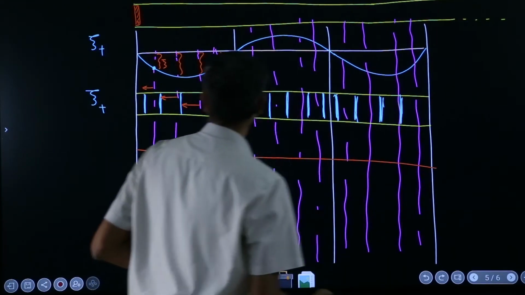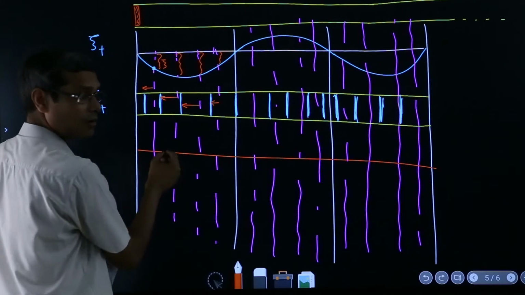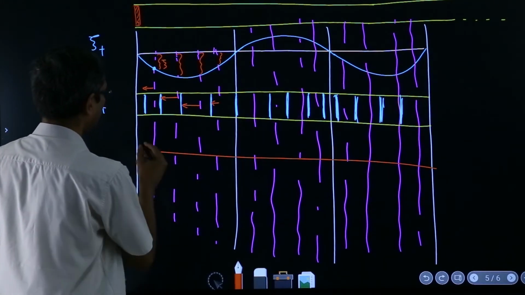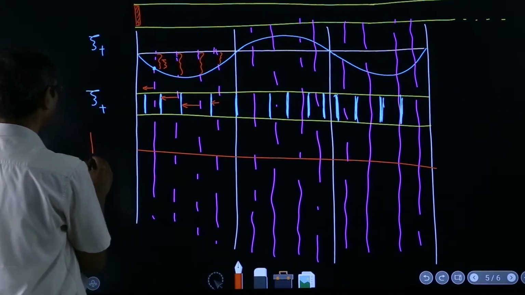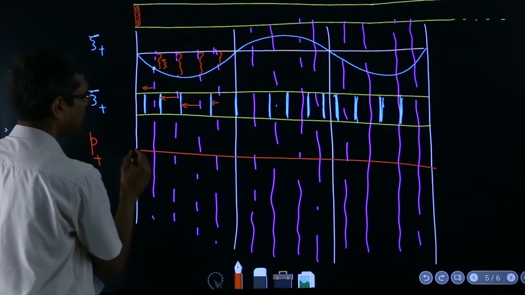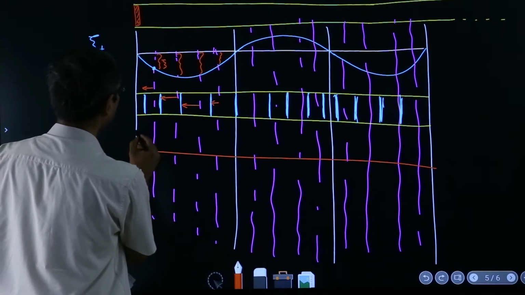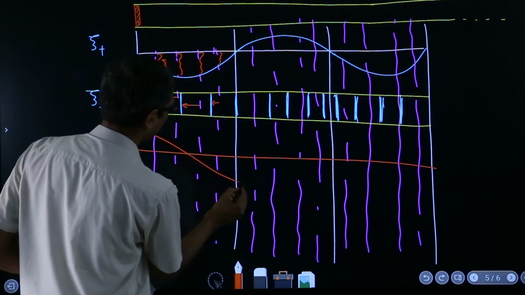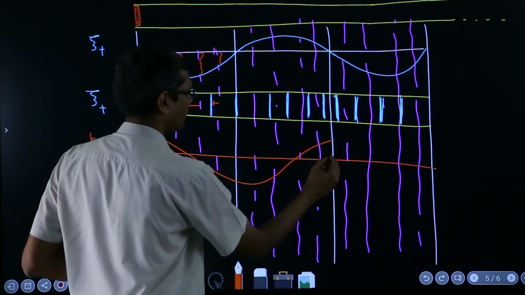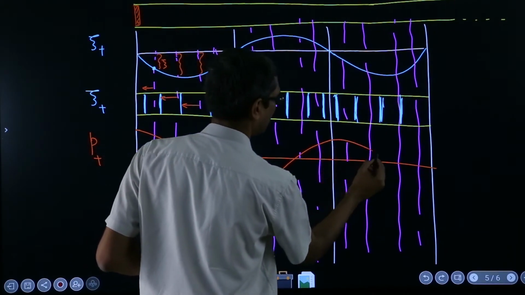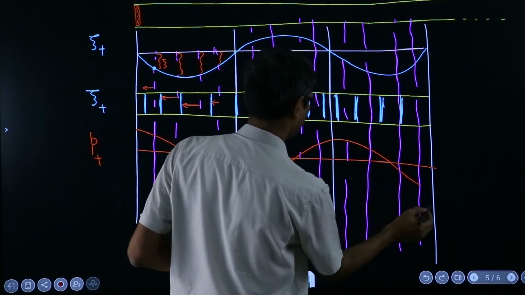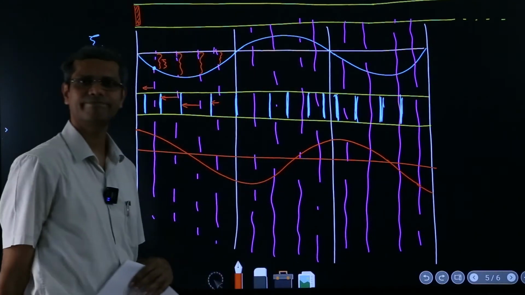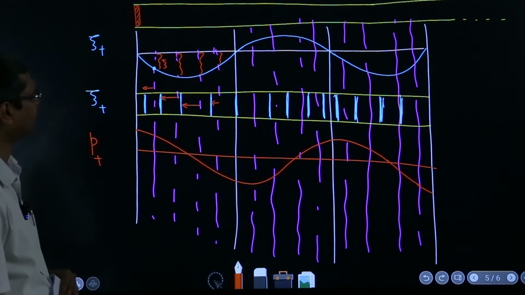Yeah, and then if we go to talk about, say, the pressure. So pressure is high here, and it's a positive pressure, and here it would be a negative pressure. So if I draw the pressure plus thing, it will be something like this.